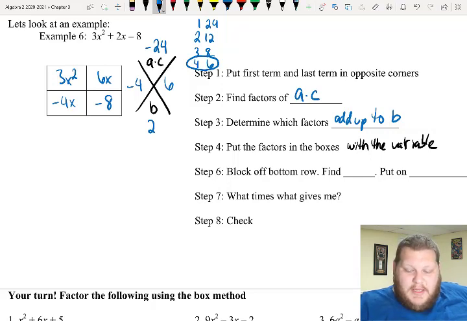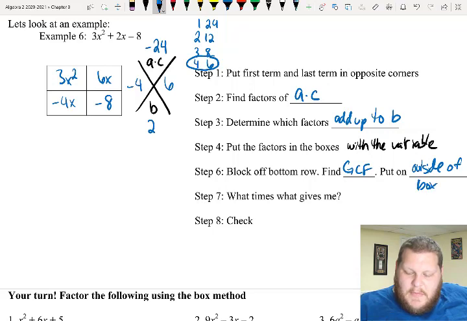So here I say block off the bottom row, find the GCF, and then put that on the outside of the box. But really, this becomes just a puzzle, like a Sudoku type thing, where if you're good with numbers and able to figure things out, it goes hand in hand.